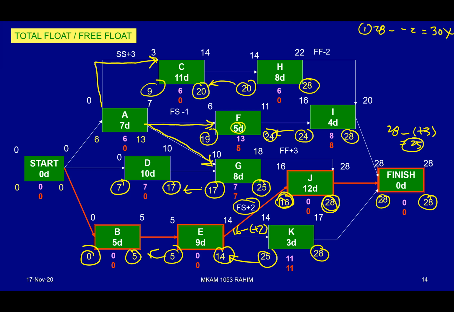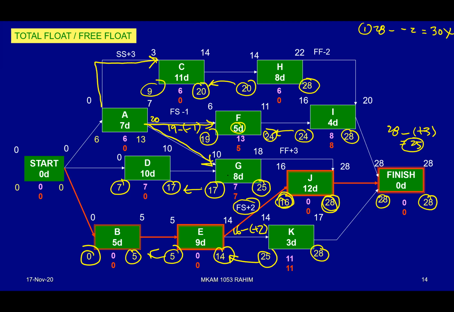You notice that the value of 19 is the one that we are going to use. 19 minus 1. That's how you calculate. 19 minus, which is equivalent to 19 plus 1, equivalent to 20. That could be one value.